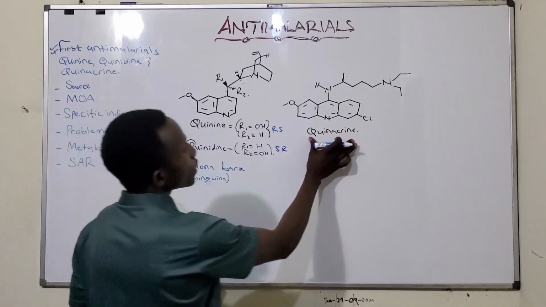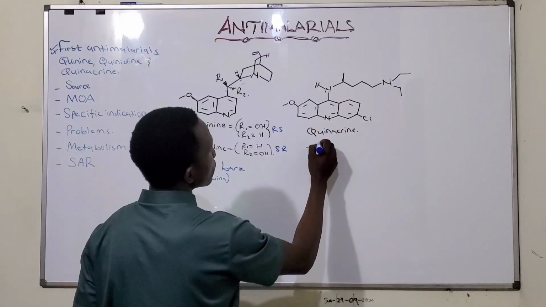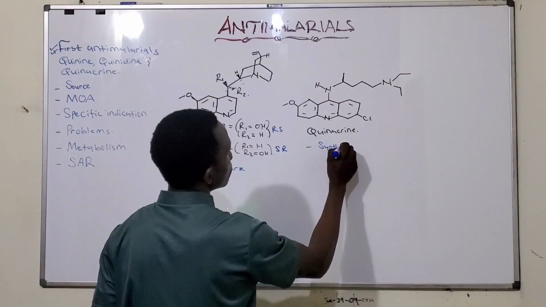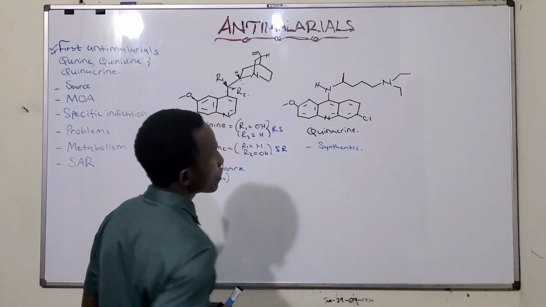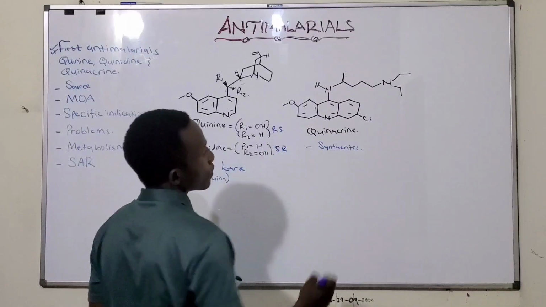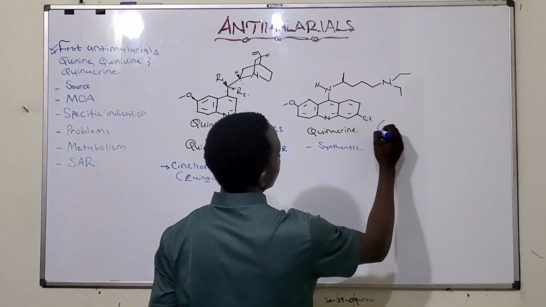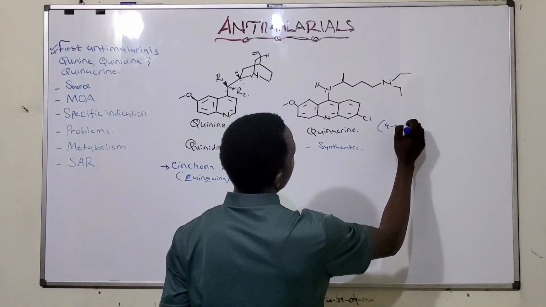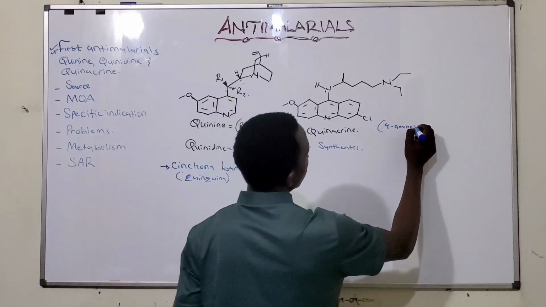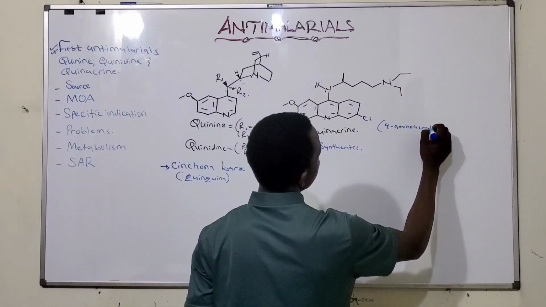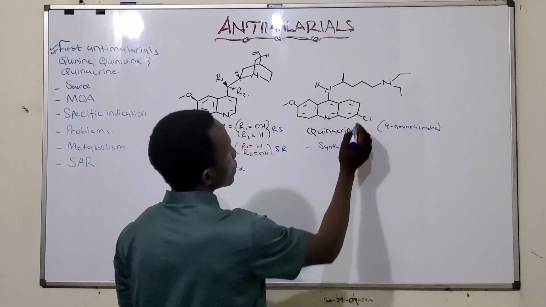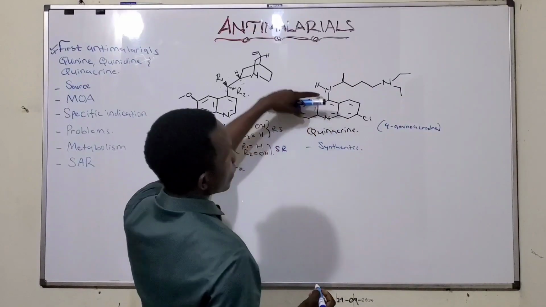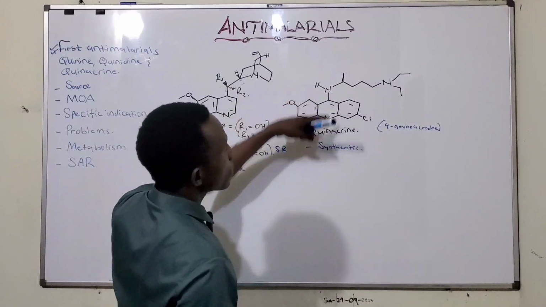Then quinacrine is synthetic. It is a 9-amino acridine. It's the ring, this ring. At position 9 there is an amino group.